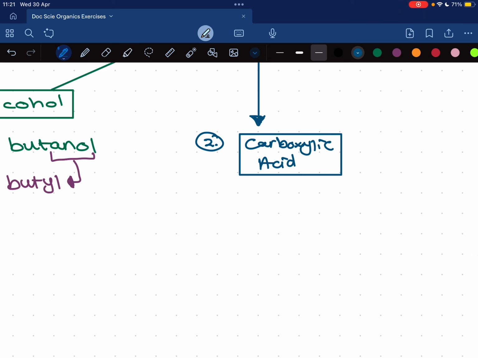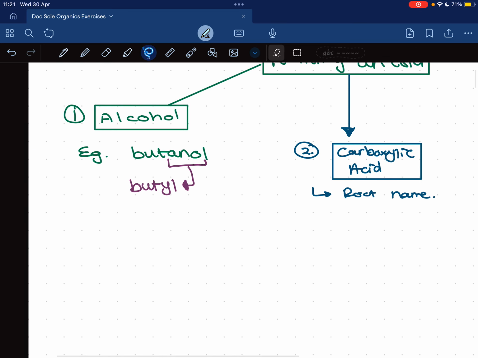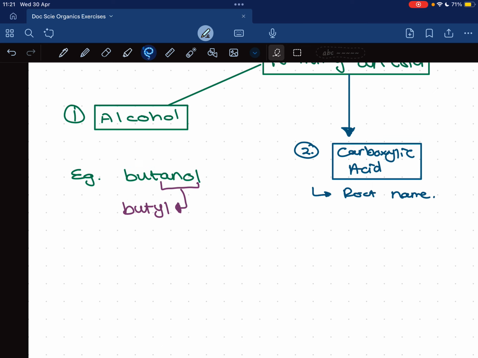So the carboxylic acid becomes the root name. Let me also put a note here that the alcohol will form the alkyl group.